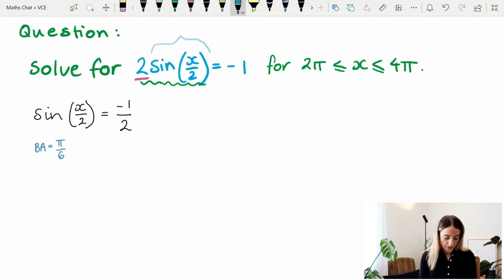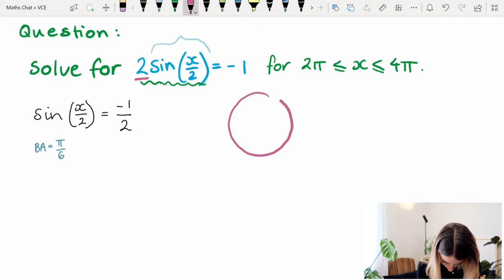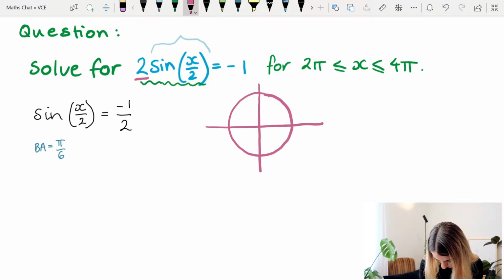Okay, now this is where I go to my unit circle. On the side I'm just going to draw up a really quick sketch of that. First of all, I need to work out which quadrants sine is negative in. The reason that we're trying to find where sine is negative is because if we look at the right hand side, we're dealing with sine x on 2 is equal to -1/2.